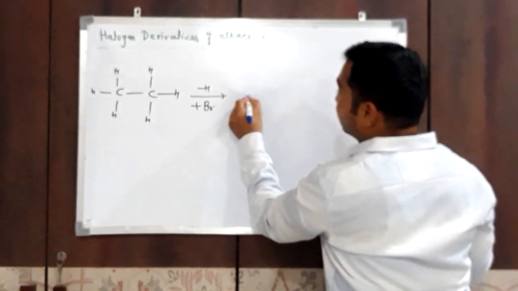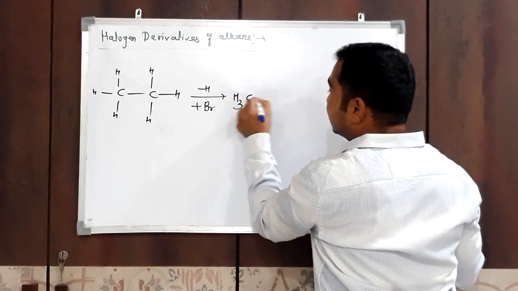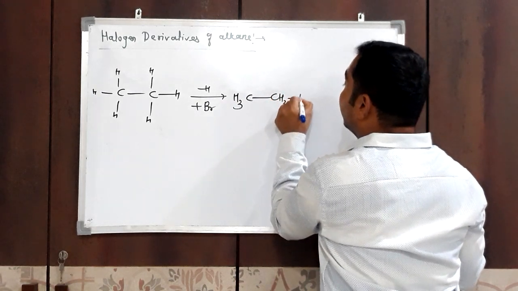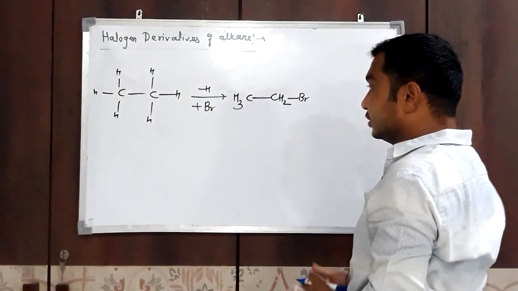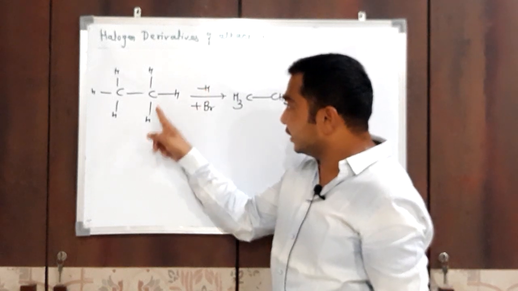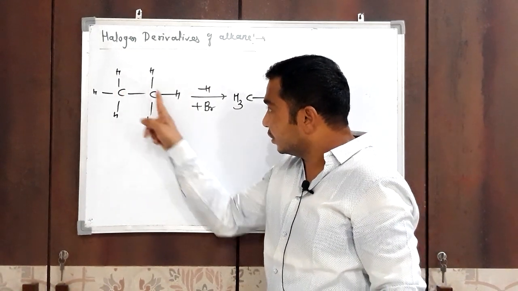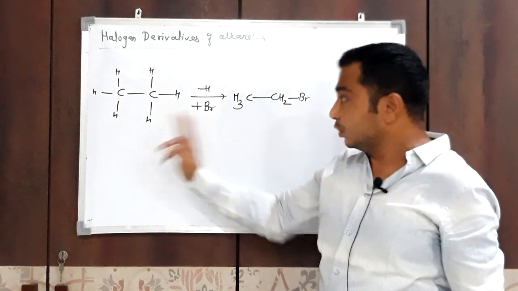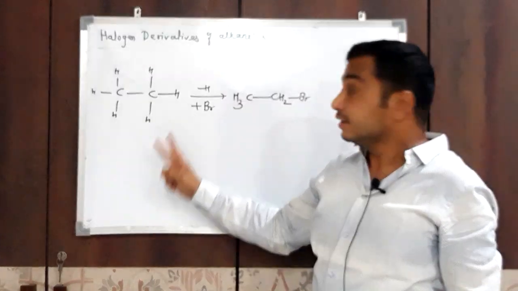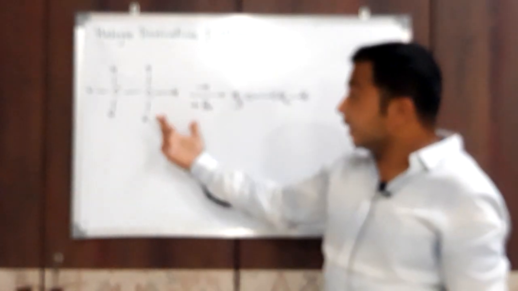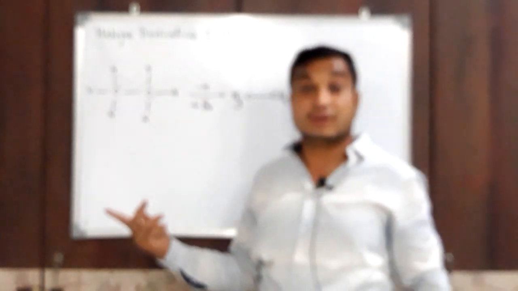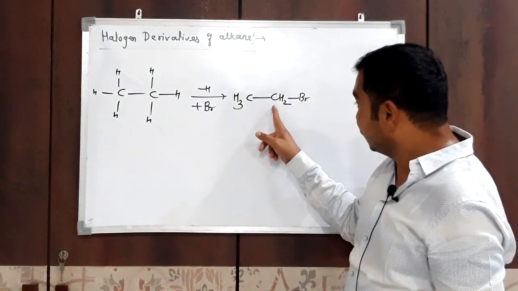What do we get? I will write directly CH3CH2Br. Because we can replace a hydrogen atom from any carbon atom, since both these carbon atoms are identical. Therefore we can replace any hydrogen atom from any one of the carbon atoms.